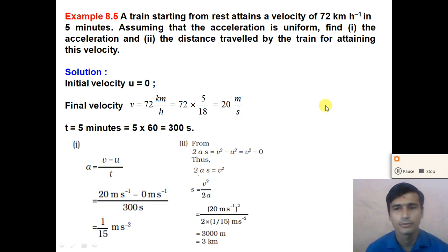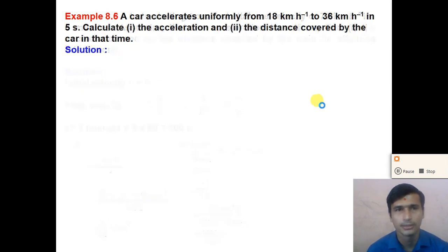Now we take the next example. Example number 8.6. A car accelerates uniformly from 18 km per hour to 36 km per hour in 5 seconds. So dear student, here the car is moving with constant acceleration.